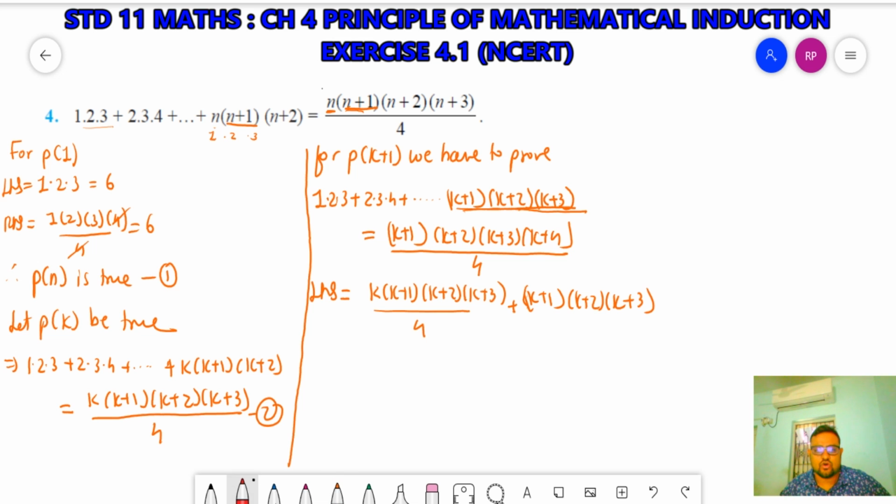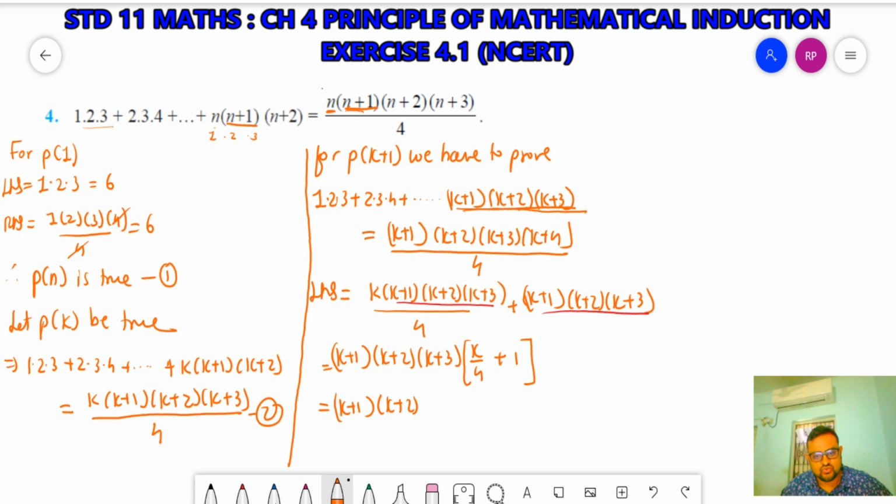See, I can take common (k plus 1), (k plus 2), (k plus 3). So what is remaining here? k by 4 plus, nothing is remaining, so I will write 1. So this will be (k plus 1), (k plus 2), (k plus 3). When I take LCM here, it will be (k plus 4) upon 4. And this is equal to RHS. Let's name this as third.